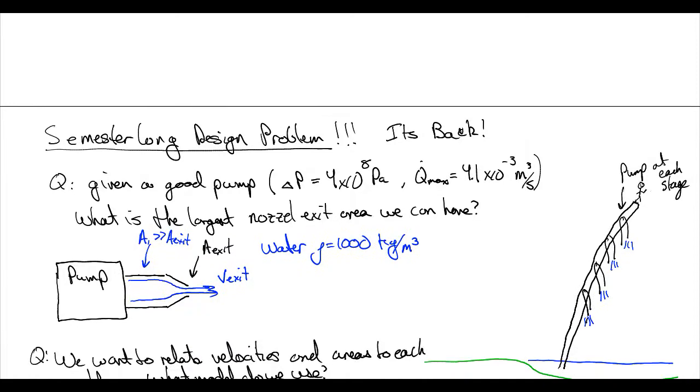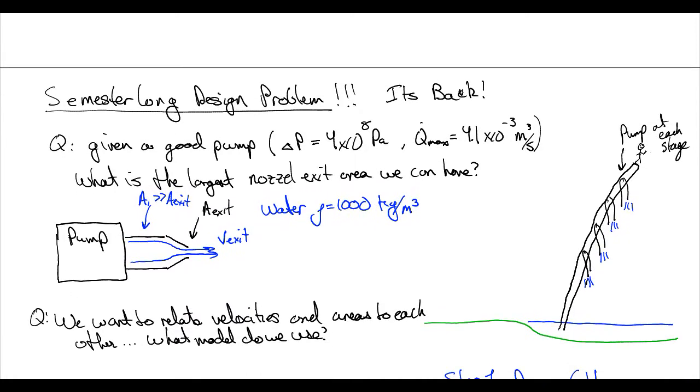And today we're going to talk about our semester-long design problem. The question we're trying to answer today is we're going to try to design our nozzle exit, and figure out the largest nozzle exit area we can have. You don't quite know this yet. We'll learn this in a lecture or two, actually.